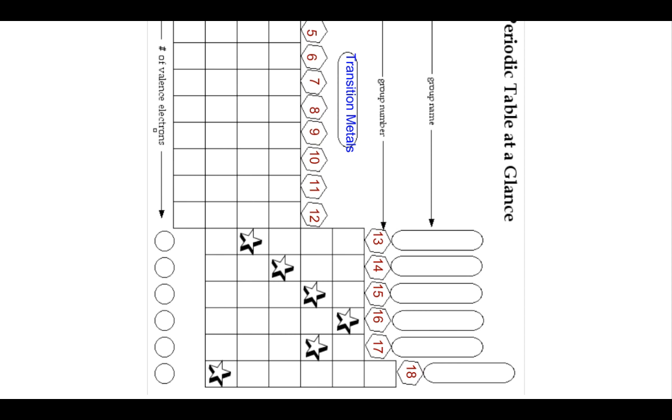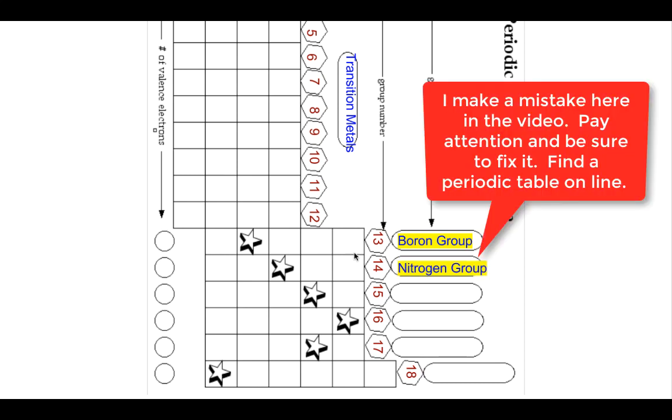And we get to groups 13 through 18, and the first one is the boron group, and it just so happens, if you look at a periodic table, that this element right here on the chart is in fact boron. So take a wild guess what this one is. Nitrogen, right?